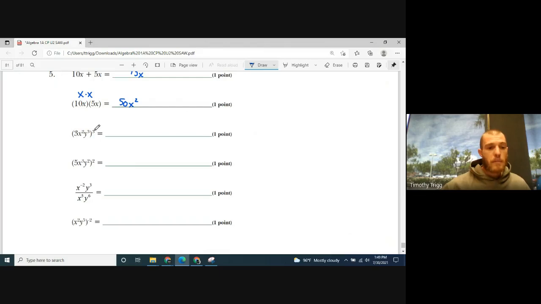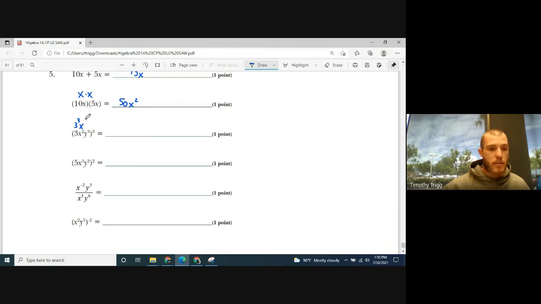Now this thing with the power of 3 out here, that means everything in the parentheses will get this power. So first, what's 3 to the power of 3? So this becomes 3 to the power of 3. Now what about the x? Well, when you get a power to a power, you multiply those powers.